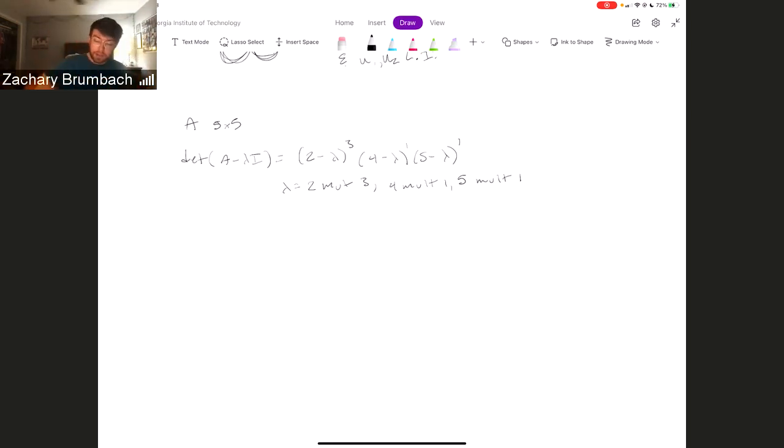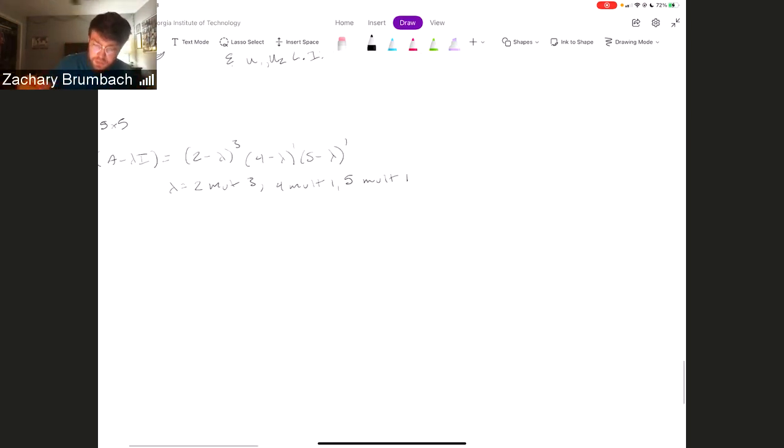And remember that when you find a characteristic polynomial, if this was a bunch of numbers written out, it would be lambda to the 5th, and so on, plus 18 lambda, 2 cubed is 8 times 4, plus 160, something like that. This is your determinant, this is your trace.